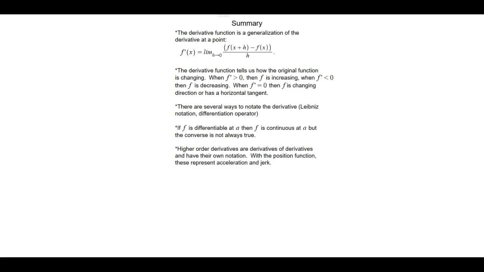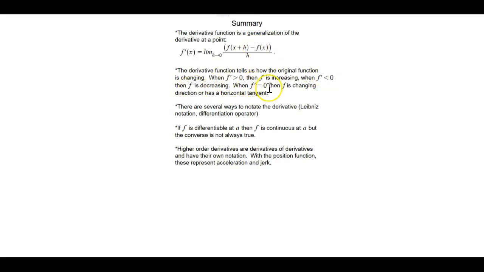So in summary, what this section did was give us a new function derived from the original function, f prime of x. It's just that difference quotient now with x instead of a. It's not at one particular point. It's generalized. The big takeaways are that when the derivative is positive, f is increasing. When the derivative is negative, f is decreasing.